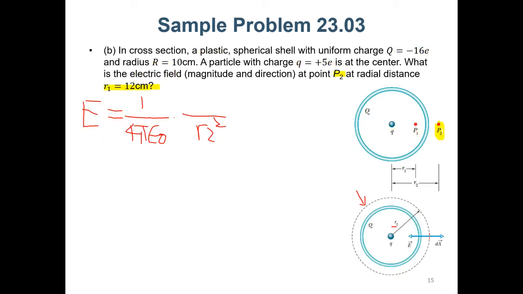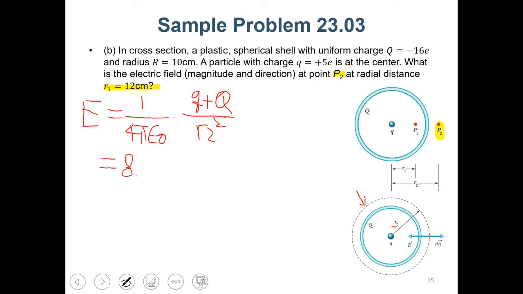For this case, the enclosed charge for this Gaussian surface should be small q plus capital Q, because both of them are enclosed by this Gaussian surface.